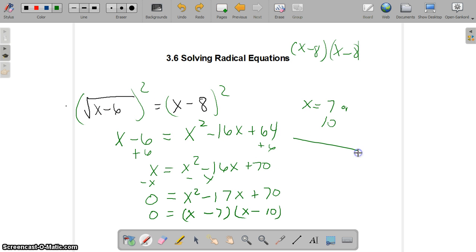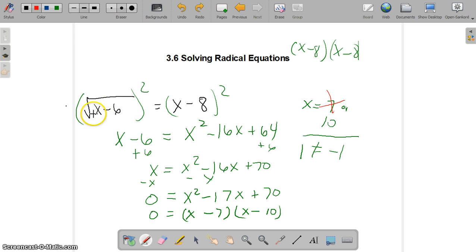So the square root of 1 is 1. When I plug 7 here, 7 minus 8 is negative 1. So 1 does not equal negative 1. So 7 doesn't work. Okay, that's called an extraneous solution. That one does not work.